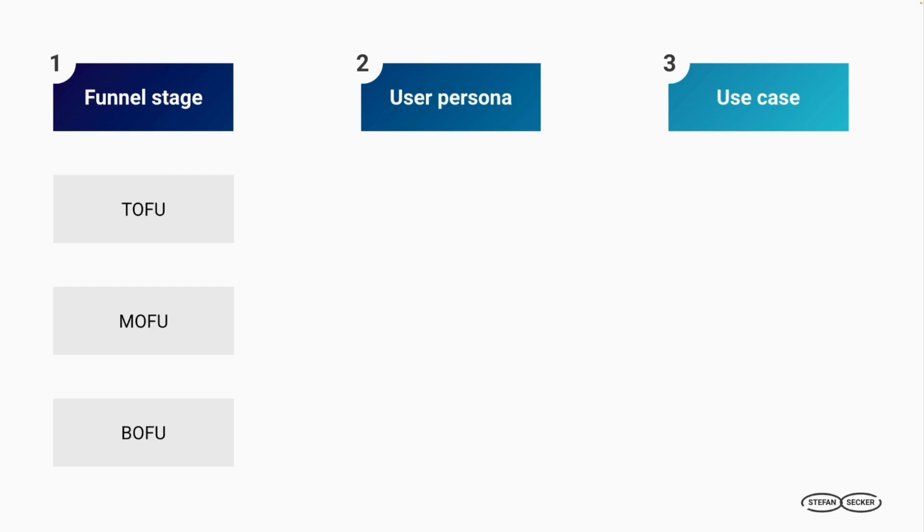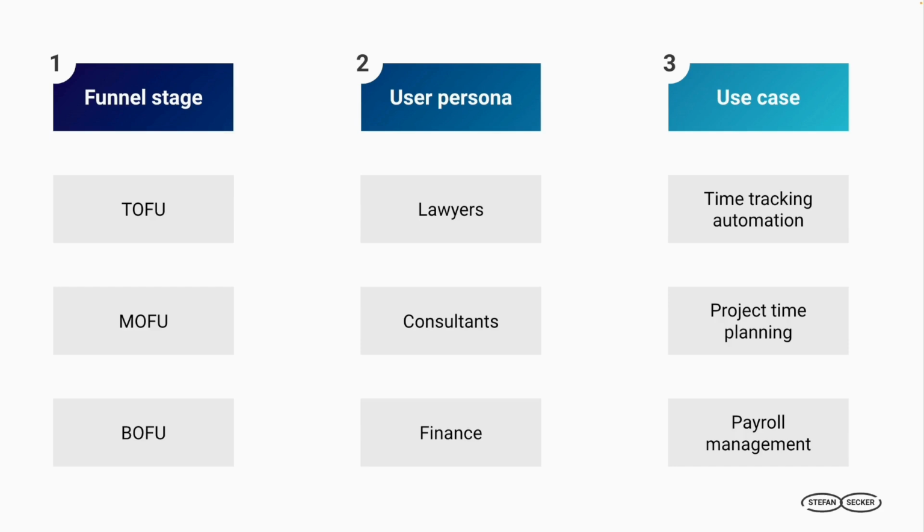Then secondly, you have the user persona. So you could maybe have different features for lawyers, for consultants, or for the finance department that are all related to time tracking. And then thirdly, you have the use case. So you could have time tracking automation features, you could have time tracking for project planning, or specifically for payroll management.